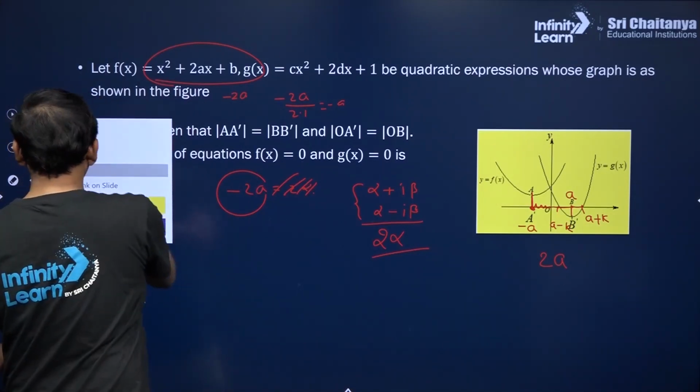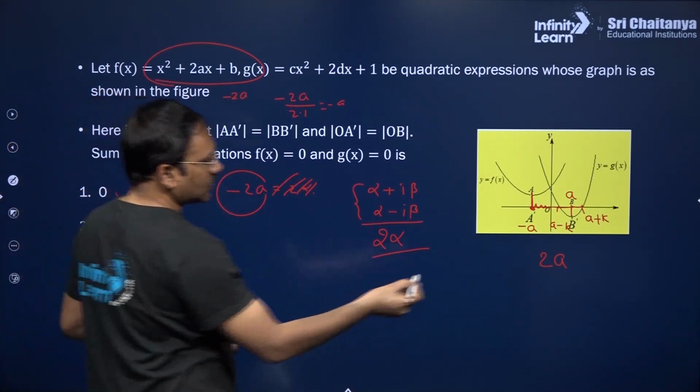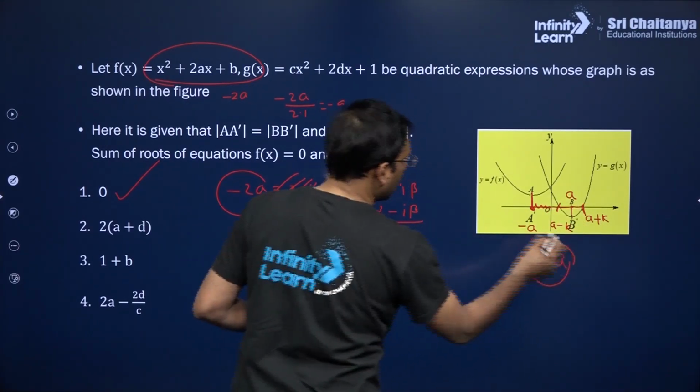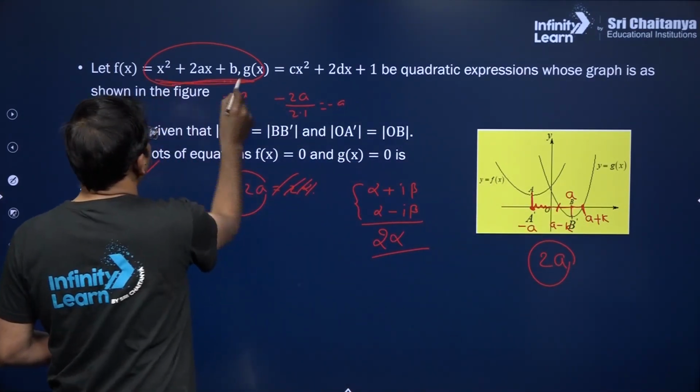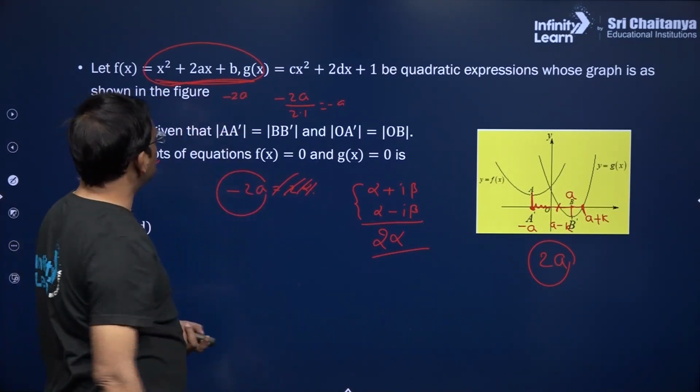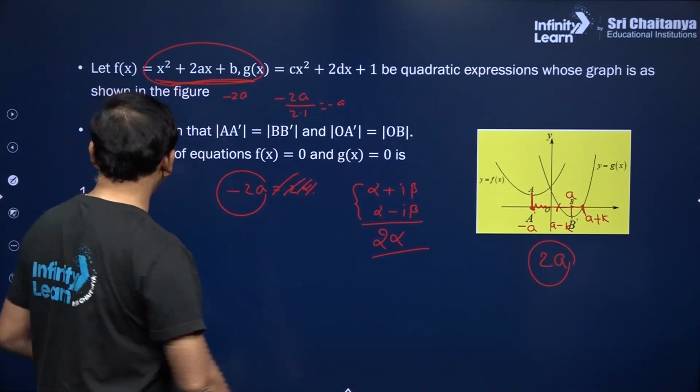Let me explain, my dear friends. You see, first of all this is a, so this is a plus k, a minus k, their sum is 2a. For the second equation, the sum of the roots is minus b by a, that is minus 2a. So, minus 2a plus 2a will become 0.